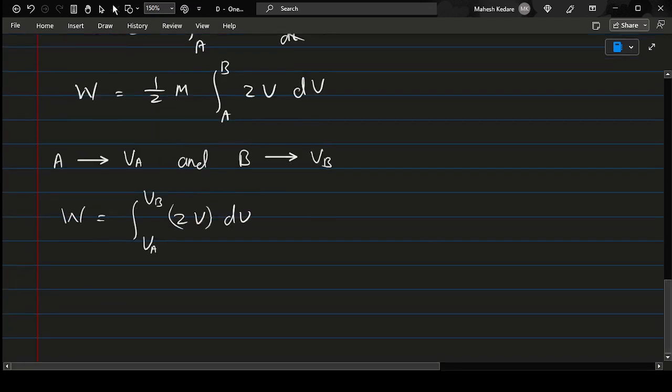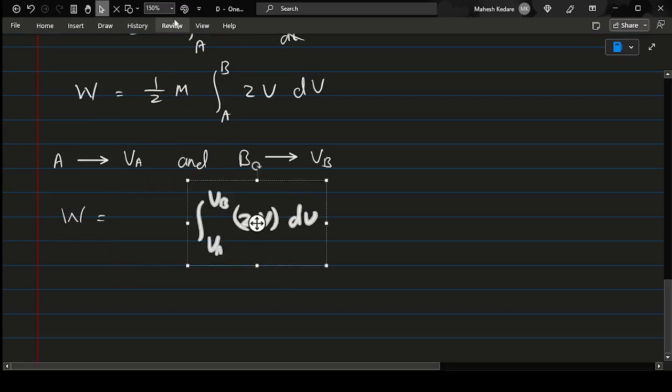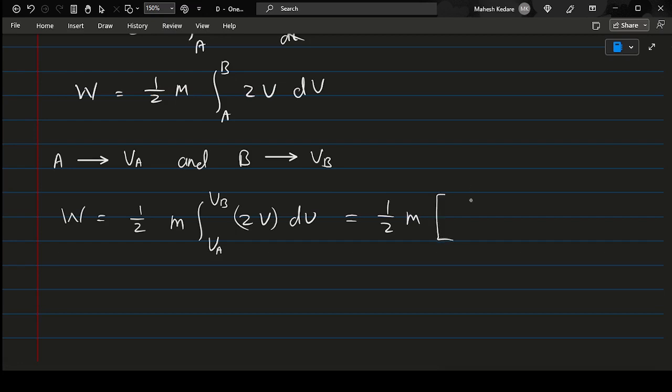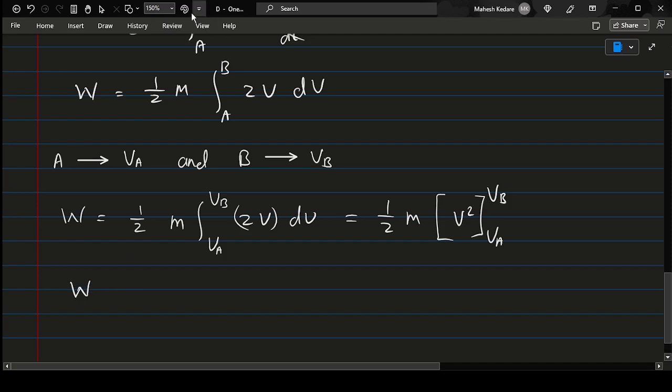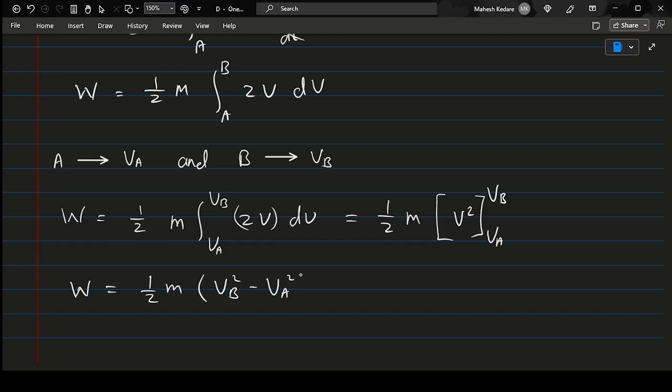And the integration, wait, something is missed. We have to write half m outside the integration, and then we have half m. The integration is v square and the integration limits are VA, VB. So we have W equal to half m VB square minus VA square.